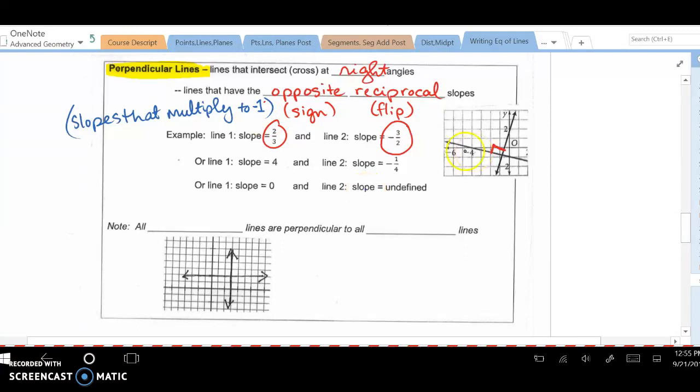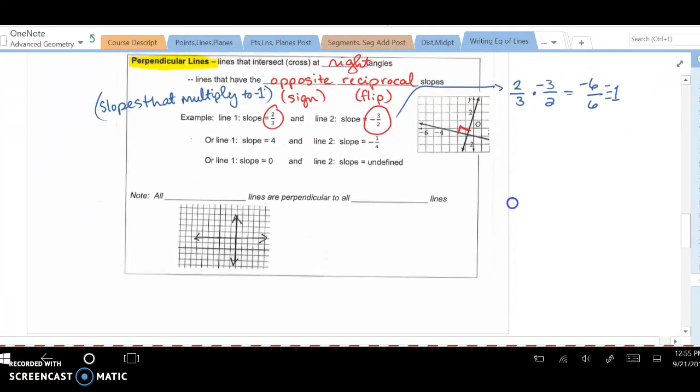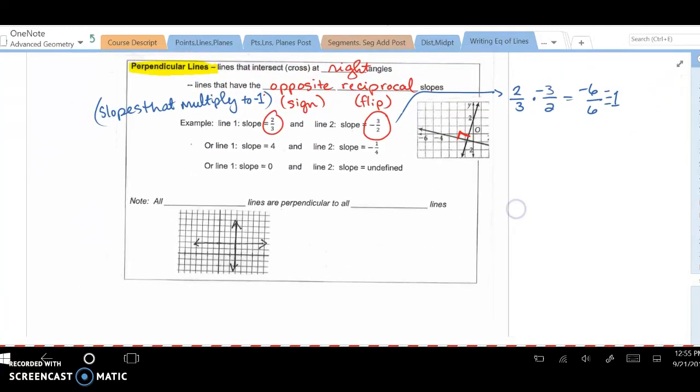So if you think about it, and we kind of did this back in the last chapter, we had a conjecture about this. 2/3 times -3/2. We have 2 times -3 is -6. 3 times 2 is 6. Oh, looky there. It is indeed -1. And that will always be the case with opposite reciprocal slopes. So sometimes people say instead of they have opposite reciprocal slopes, the product of their slopes is -1.